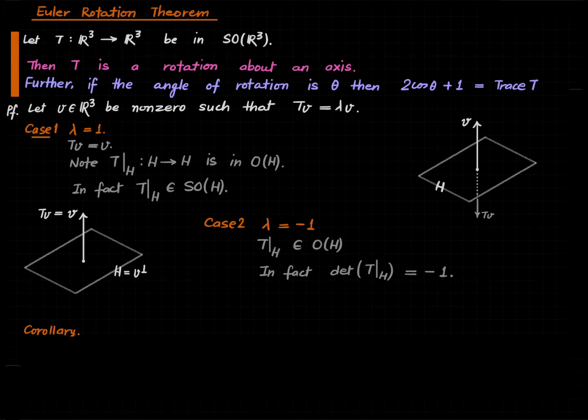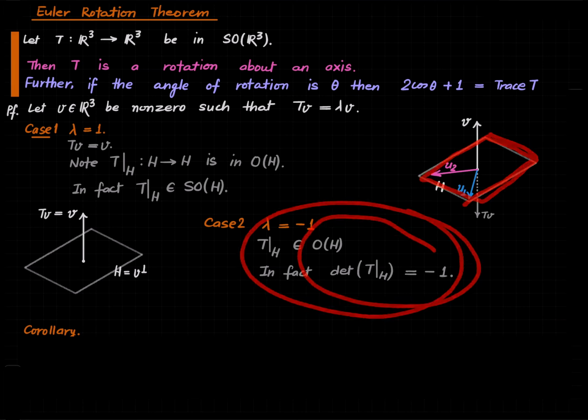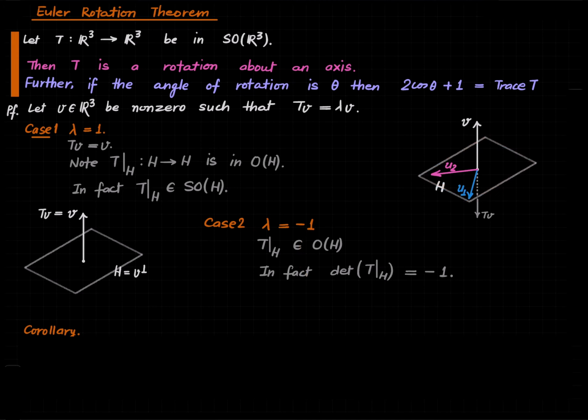Once it is a reflection of H, it will fix a vector and it will invert a vector. So what I mean by that is, let me call this blue thing u1, and the pink thing u2. Since T restricted to H is a reflection, courtesy of these two deductions, it is going to be the reflection about some line.